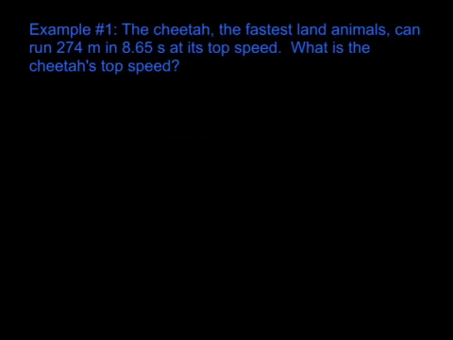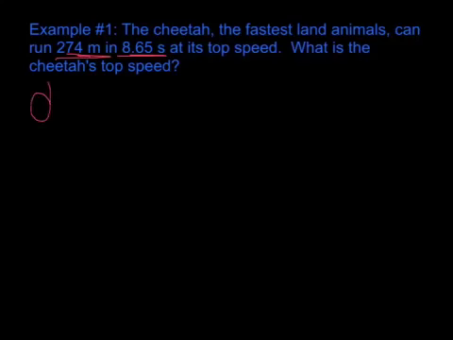Here is the first example. It says the cheetah, the fastest land animal, can run 274 meters in 8.65 seconds at its top speed. What's the cheetah's speed? We're only given two numbers. There's 274 meters and the 8.65 seconds.